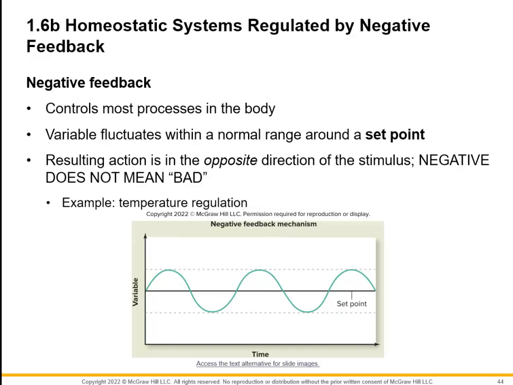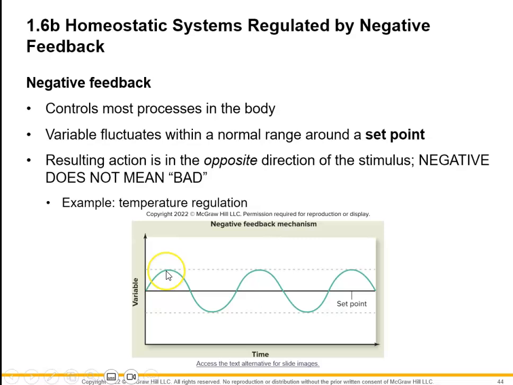So let's go back to your body gets too hot. Okay? So let's look at this little graph right down here. So we've got the variable on the y-axis across time on the x-axis. So let's say this variable, this black line going across, that's our set point for 98.6 degrees Fahrenheit, or approximately 37 degrees Celsius. So that's our normal body temperature.